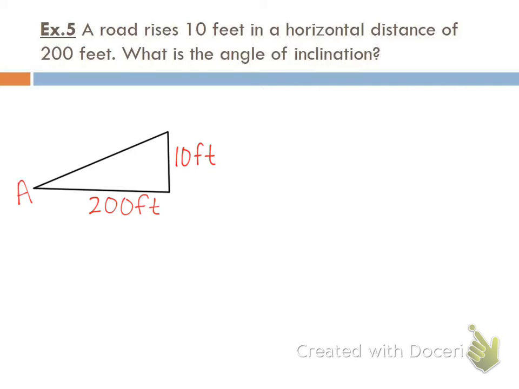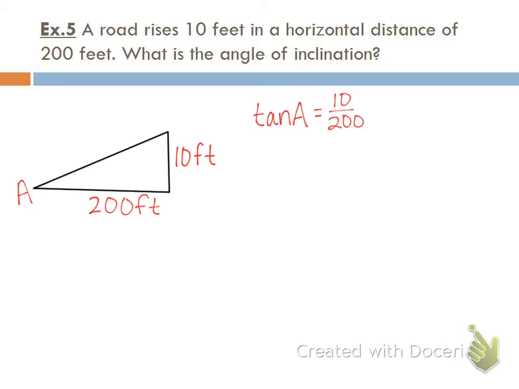You could also think about this as a ramp coming up off of the ground, or a bridge leading up to a bridge, something like that. In order to do this, what trig function should we use? Tangent, because we have the opposite side and the adjacent side. The tangent of angle A is equal to what? 10/200.